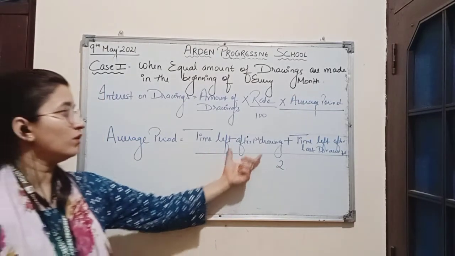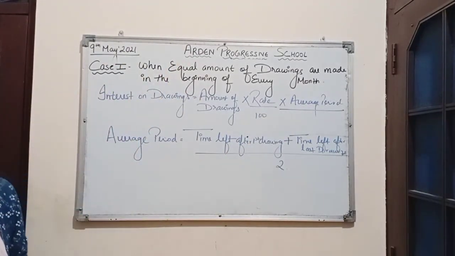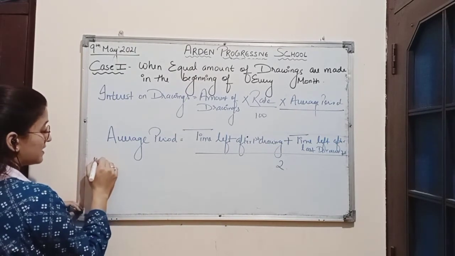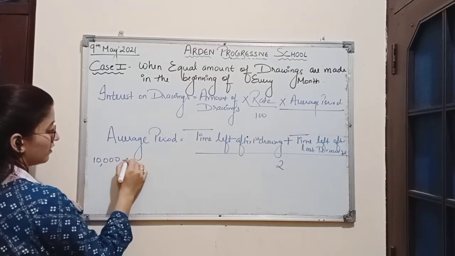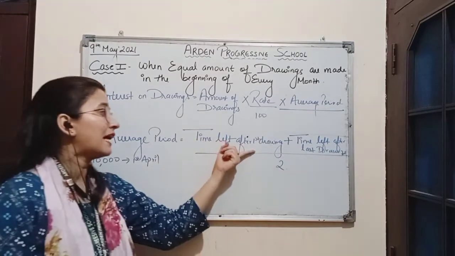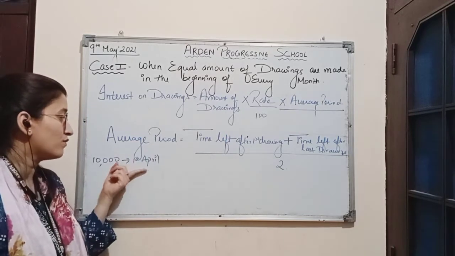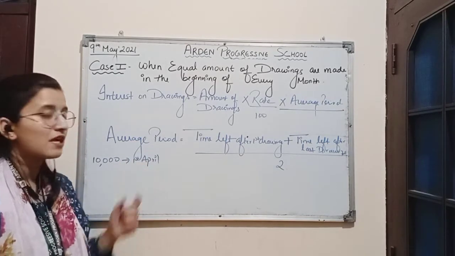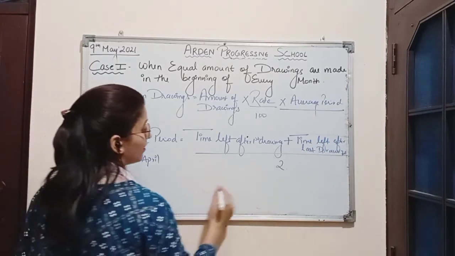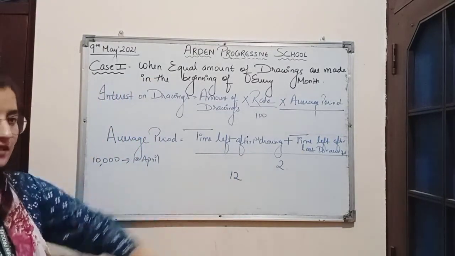Now, as we know, the partner is withdrawing the amount of drawings at the beginning of the month. For example, if a partner has withdrawn rupees 10,000 on 1st April, what will be the time left after the first drawing? From 1st April to 31st March, the number of months is 12. So the time left after the first drawing will be 12 months.